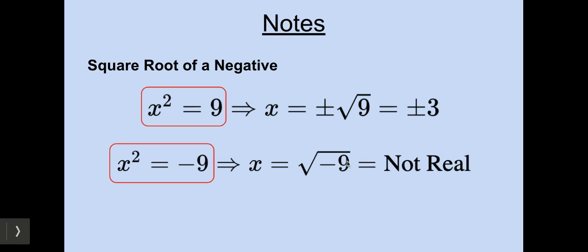But the key here is the radical and the negative. So this idea that I'm not going to be able to square a real number to get a negative is the exact same thing as taking the square root of a negative. It means that I'm looking for a number that when I square it will be negative, which just isn't true for real numbers, right? It'll never happen. Okay? All right. That's why you look out for negative radicals or negatives under the radical.